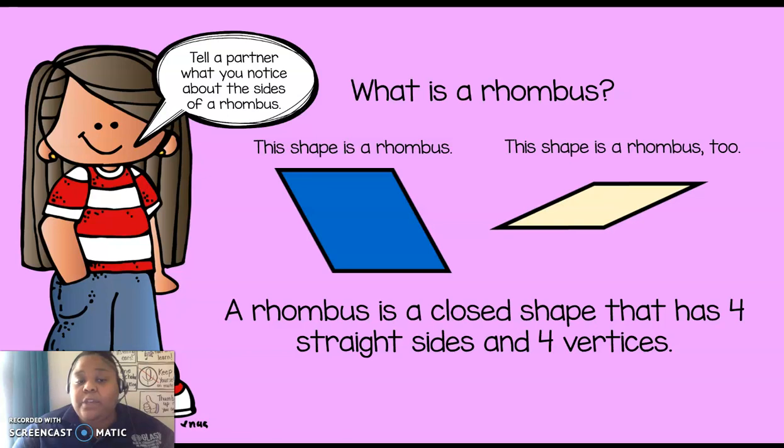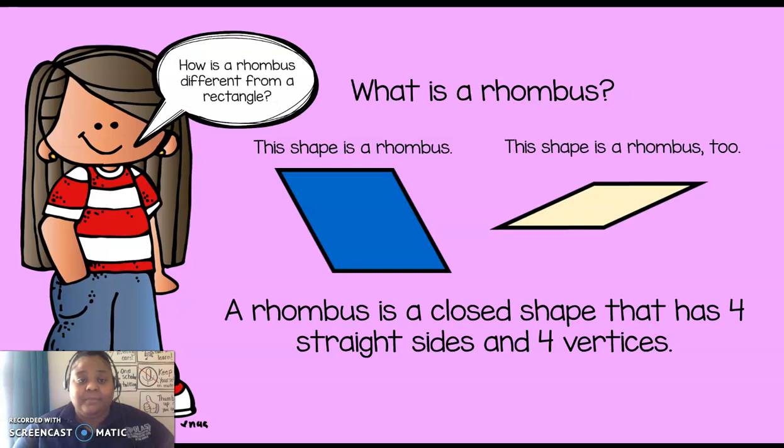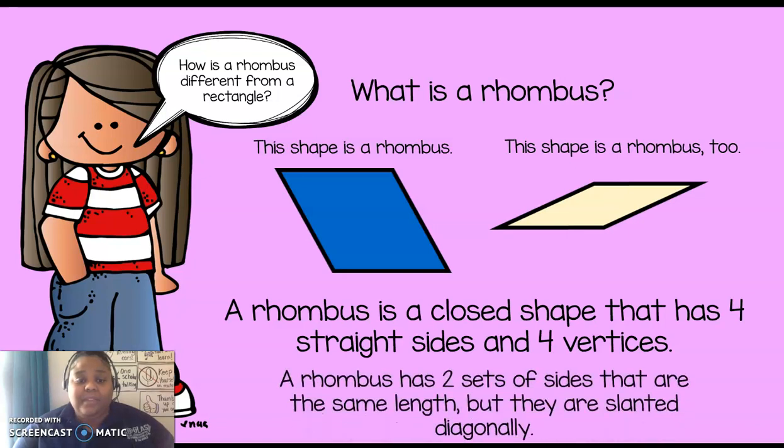Tell a partner what you notice about the sides of the rhombus. How is a rhombus different from a rectangle? A rhombus has 2 sets of sides that are the same length, but they are slanted.